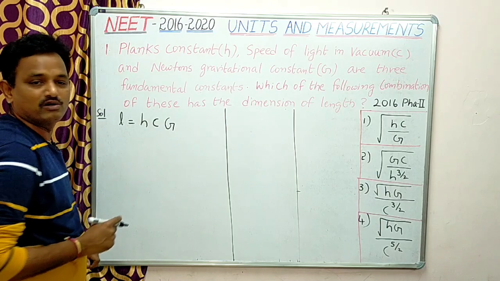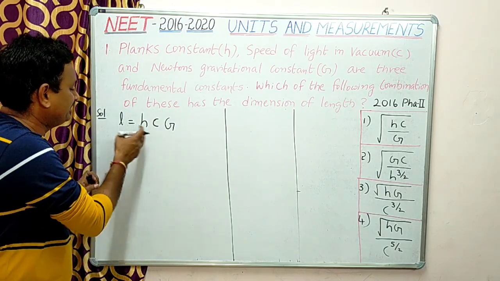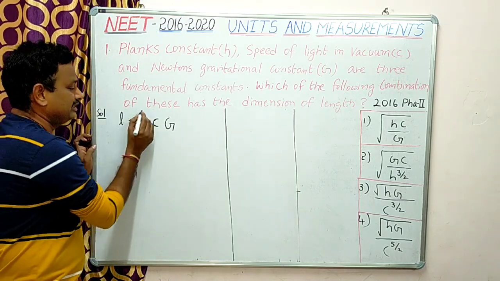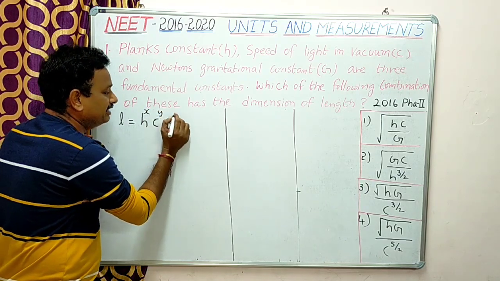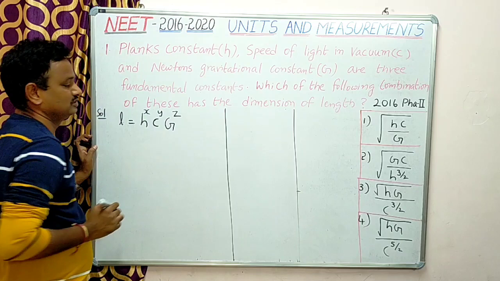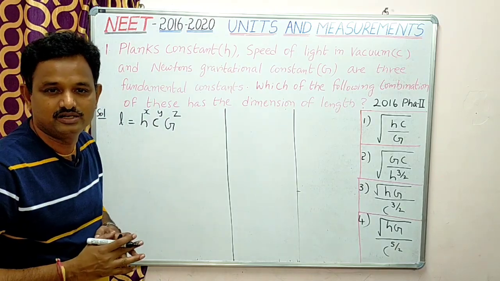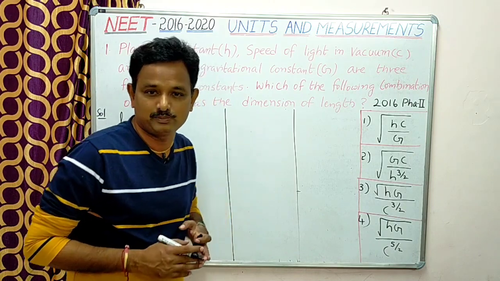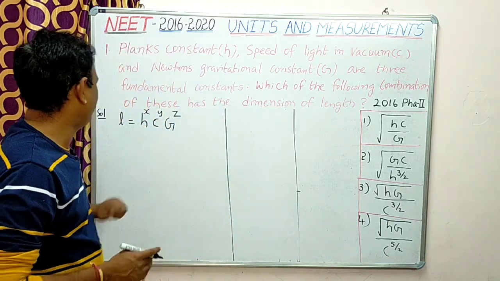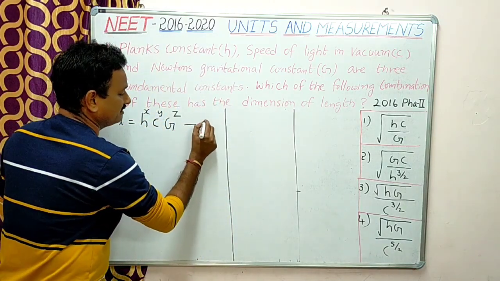Now I will take powers for these constants, that is h power x, c power y and g power z. Why I took powers: when I apply the principle of homogeneity, I can equate the powers on both sides. Look at here, this is equation 1.